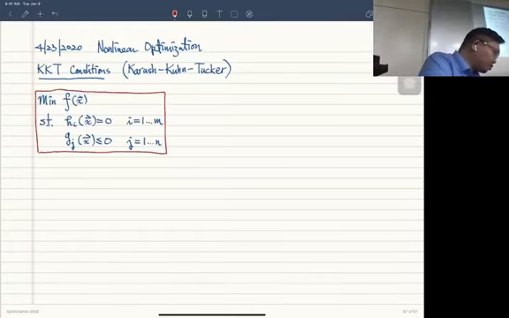Look at this one. This term is actually 0, because originally I said we start with some feasible point, so that feasible point satisfies my equality constraint.